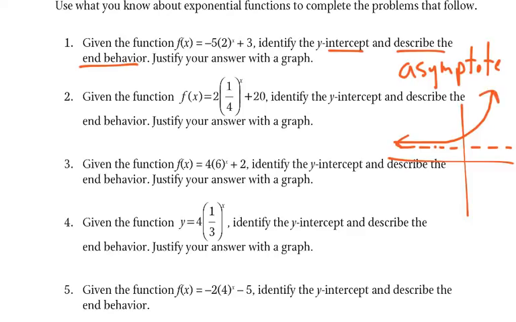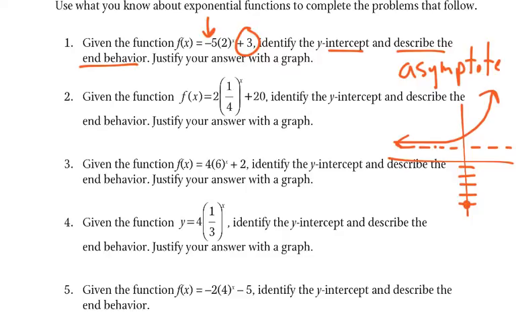Okay. Now, remember with this format, this number in front is usually the y-intercept. The number added or subtracted is usually the asymptote. The thing is, the asymptote affects where the y-intercept is. So, like a y-intercept of -5 would normally be down here.